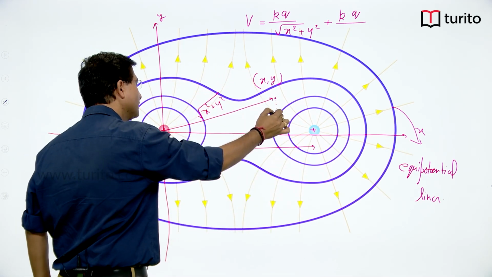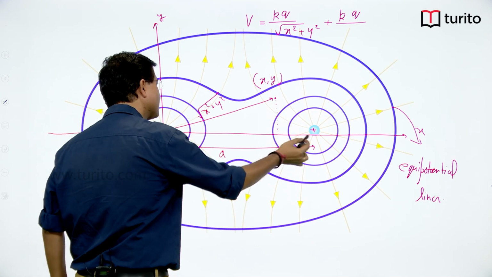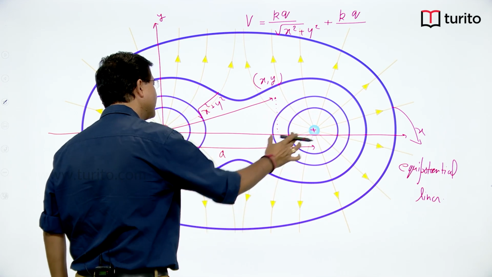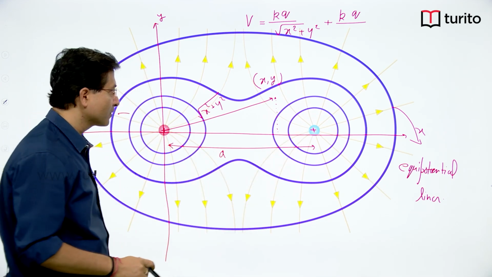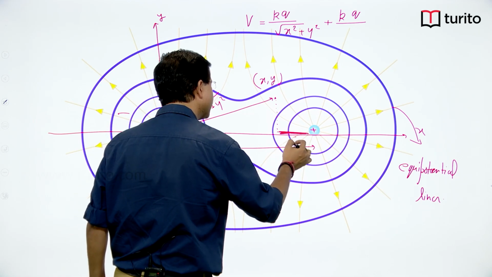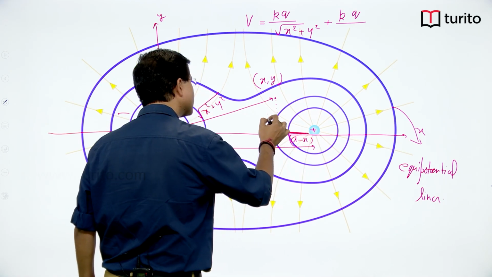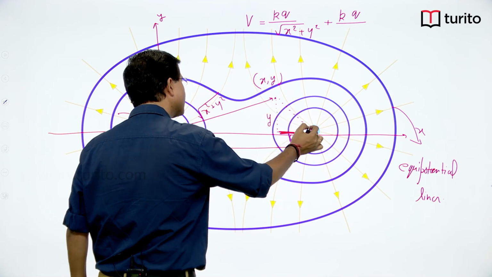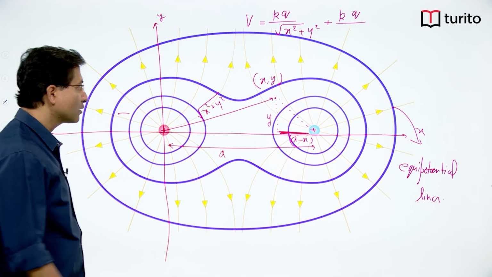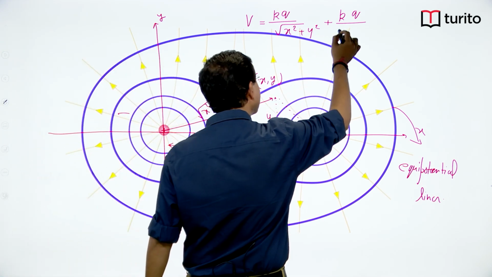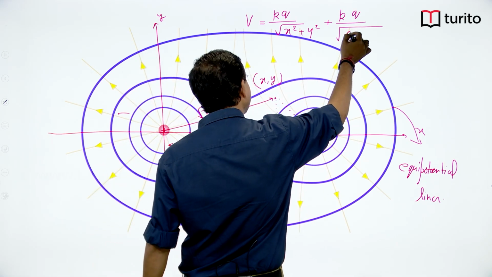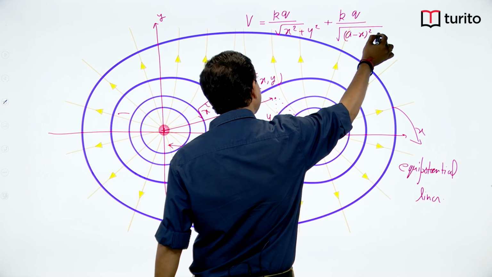This distance is y only, and if this is x and the total is a, the remaining distance will be a minus x. So I can find out this distance, and substituting it, I will get the potential produced by this charge at this point, that is k q divided by under root a minus x whole square plus y square.